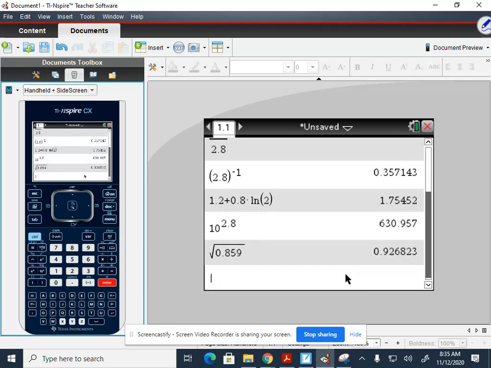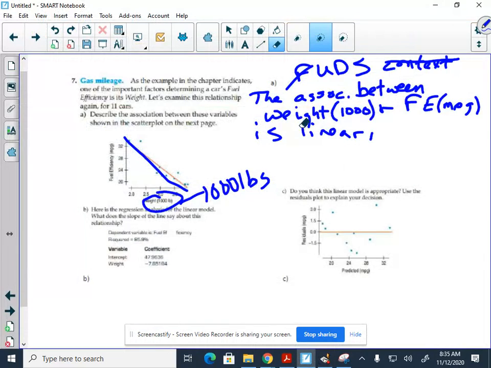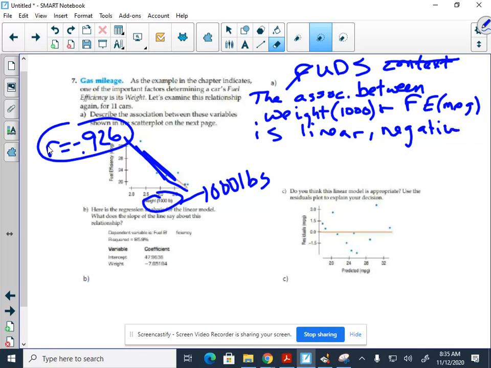So when I take the square root, remember, right away you might say r is 0.926, which is definitely strong. But if we actually did find r, which I don't think we have to do in this problem, it's negative 0.926 because the association is negative. It's linear, negative is our direction. Strong, since it's above that 0.75 threshold, and I don't think there's any outliers.